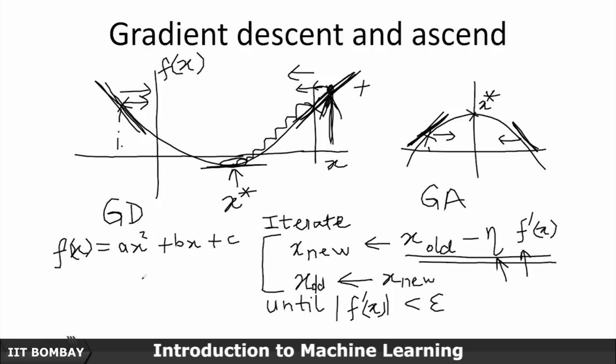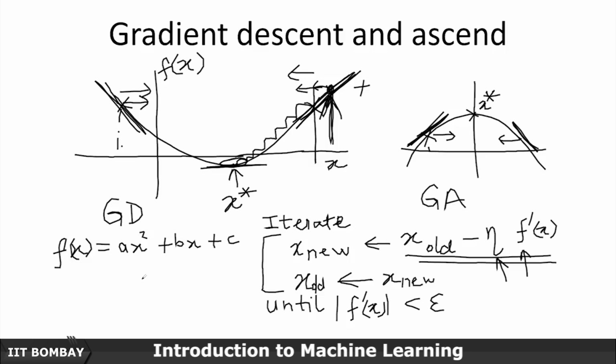Many times this f of x is a complicated function. It has many terms and we can't find the minima using simple analytical methods, but we can compute its derivative. So, if we can compute its derivative, we can use this algorithm to update x iteratively until we reach the minima.